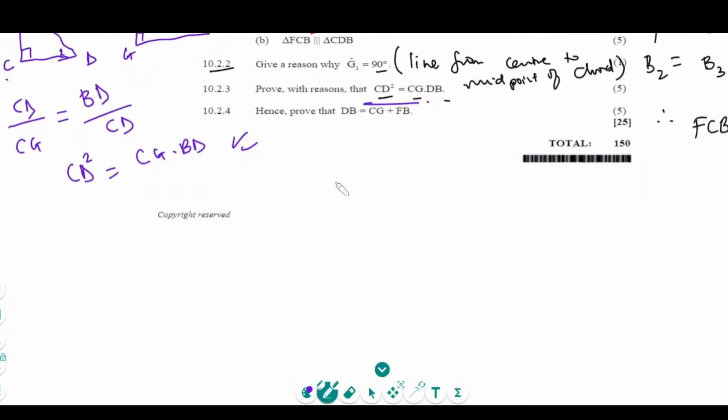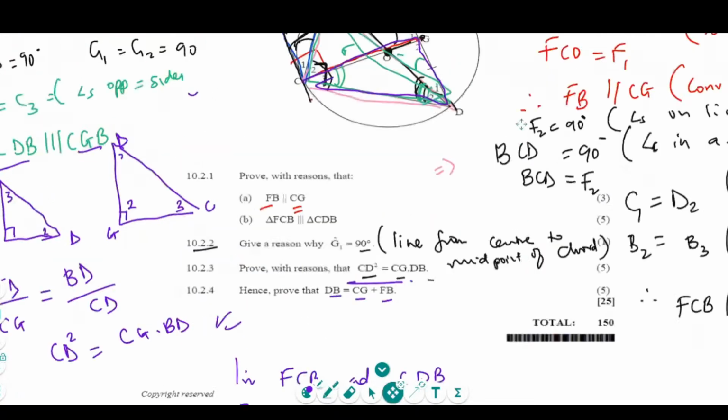Can we prove that DB is the same as CG plus FB? So I'm going to look at two triangles, FCB, and then CDB or CBD, whichever format. Okay, so from this triangle, FCB, since we proved that they were similar, let's just look at them.